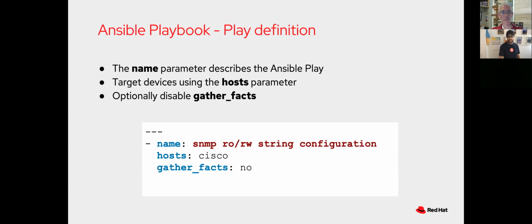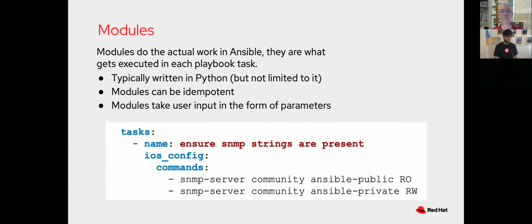And then we have the gather facts option to say, no, we don't want this generic gather facts option. I think prior to version 2.9 of Ansible, gather facts only worked on Linux hosts, Windows hosts, stuff like that. 2.9 and forward, it's going to work for networking devices as well.